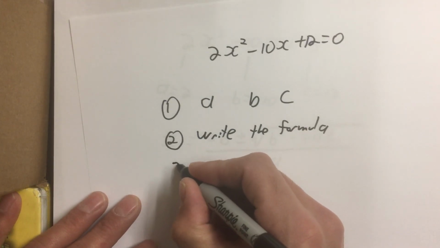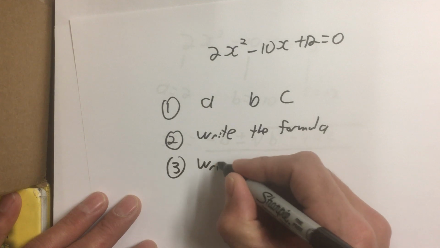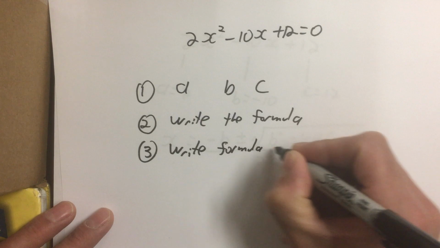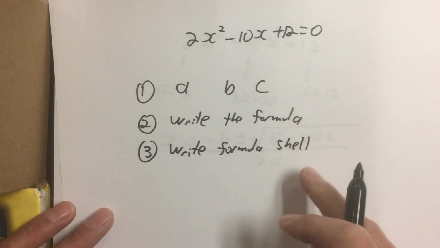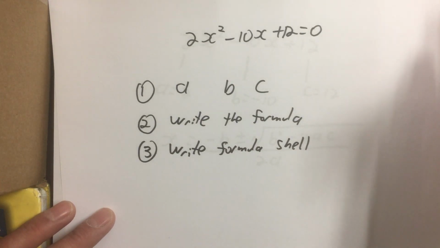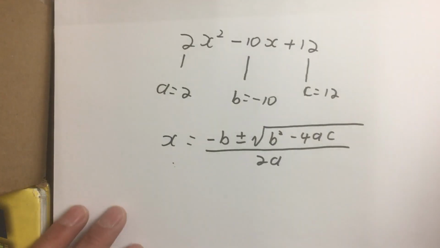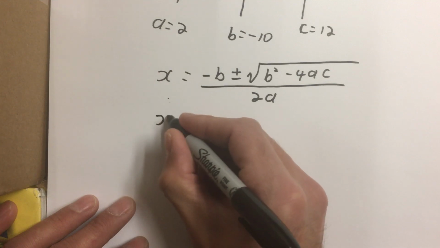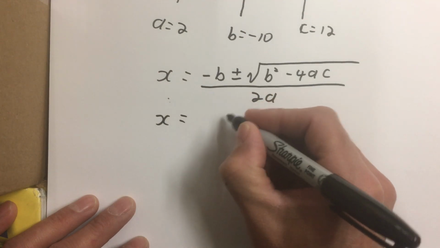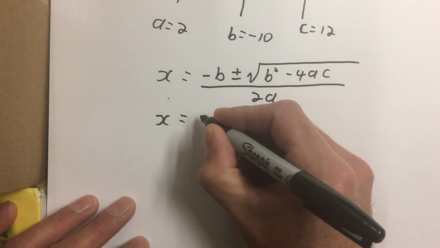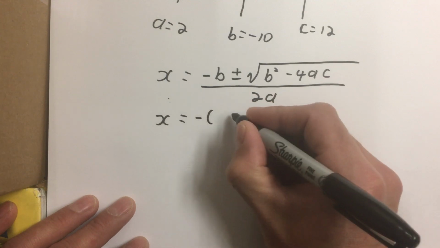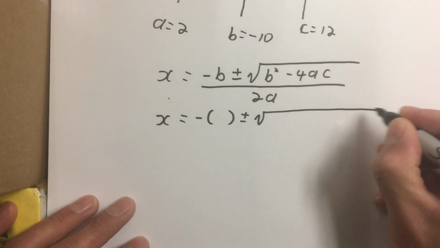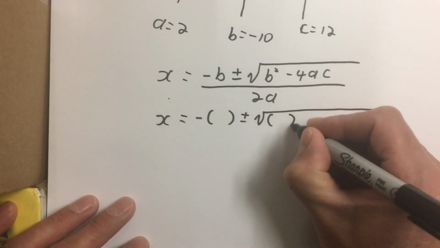The third step, write the formula shell. What do I mean by shell? A shell is an empty container. I'm going to copy the formula. However, I'm going to replace each letter with a pair of open brackets. Negative, that'll be b, plus or minus the square root of, again, this will be b.